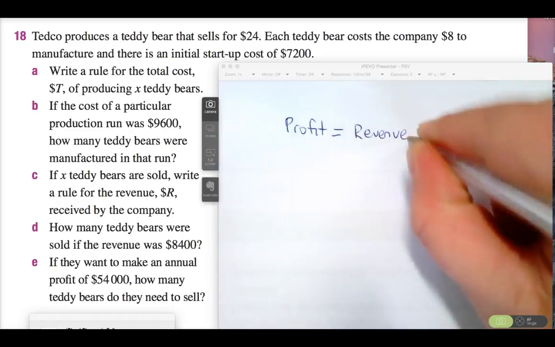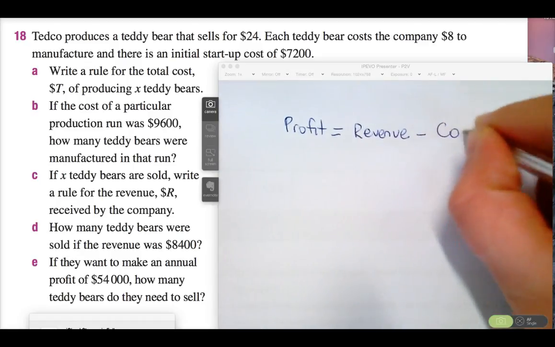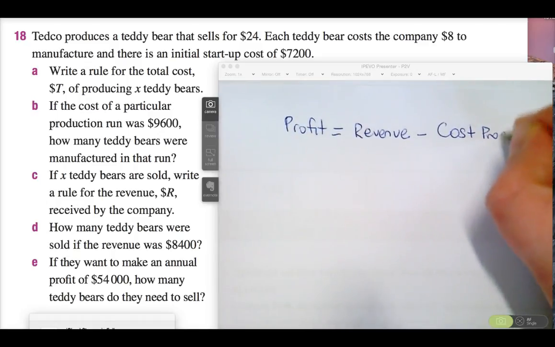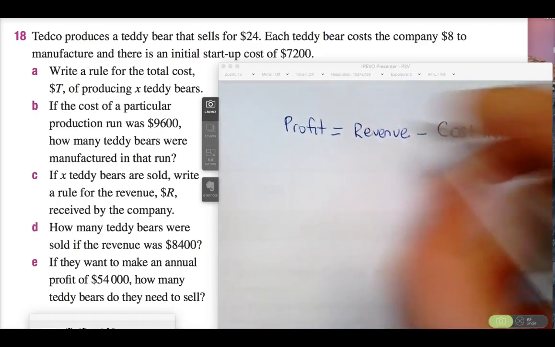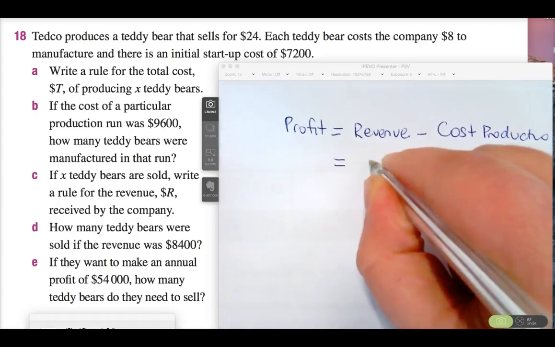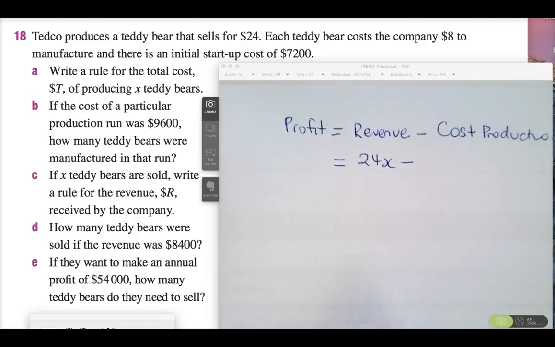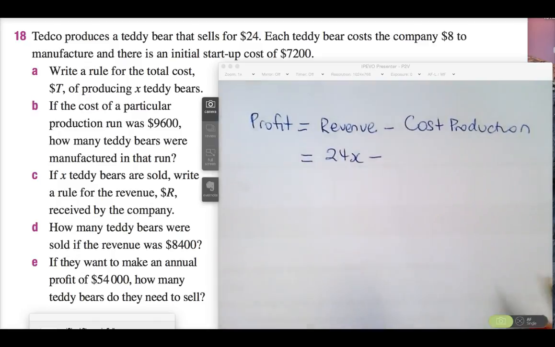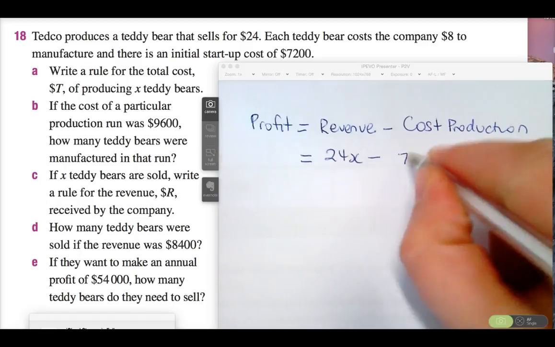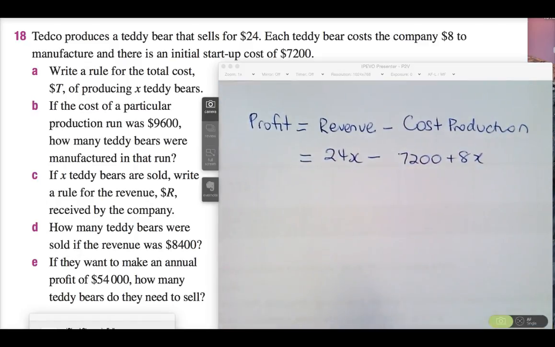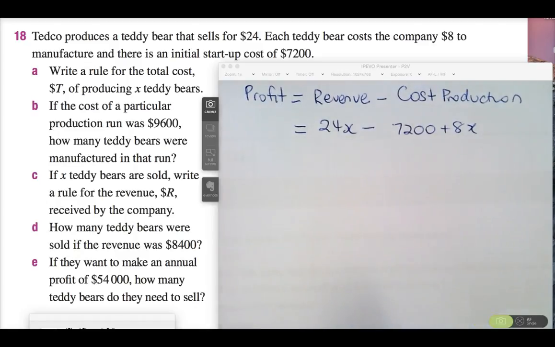It's revenue, the money you take in, minus how much it cost you to make. So therefore, what's the revenue formula? 24x, take away 7,200 plus 8x. What have I done wrong?